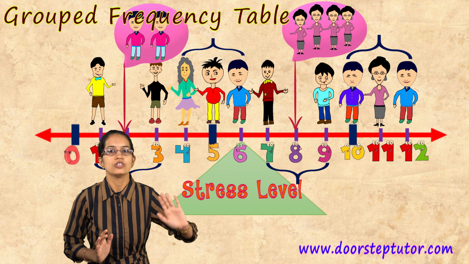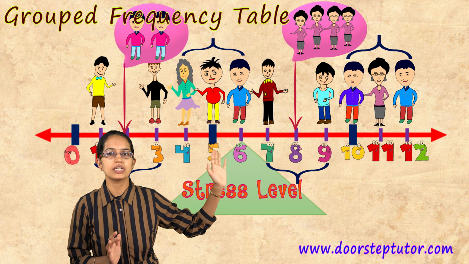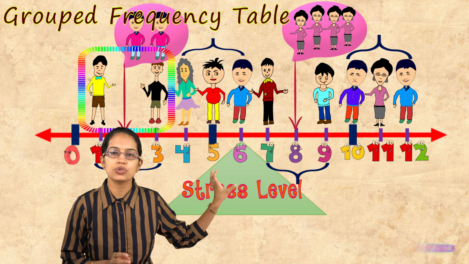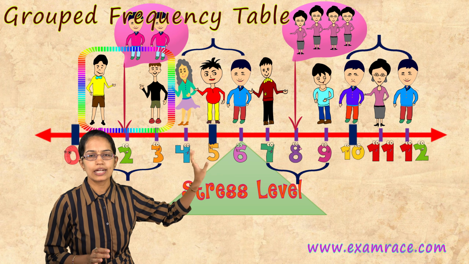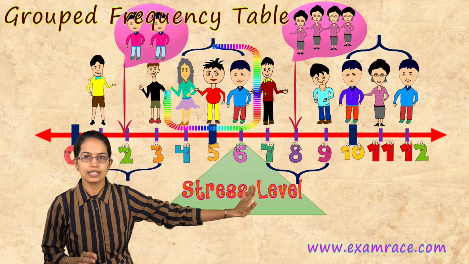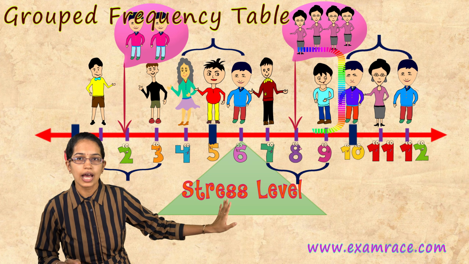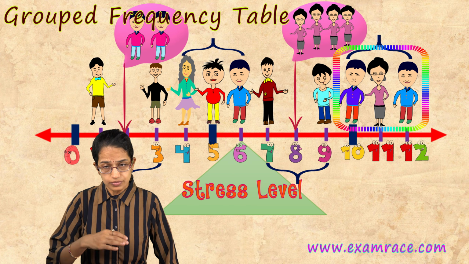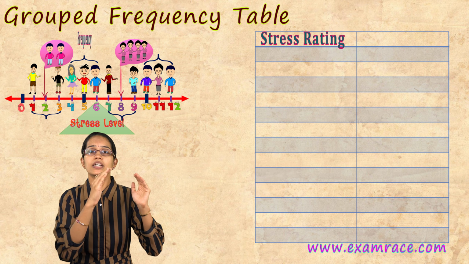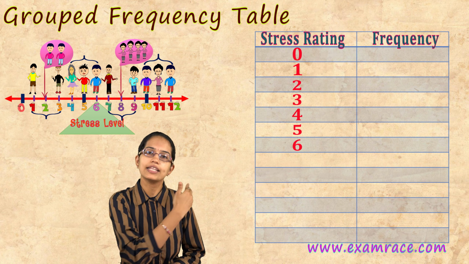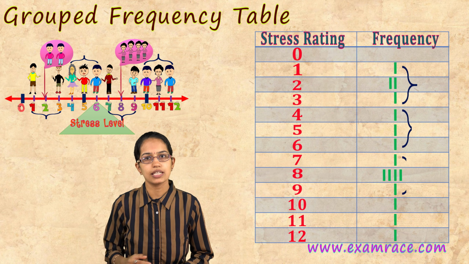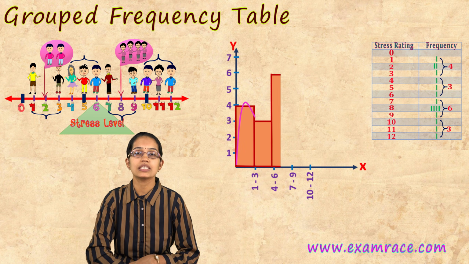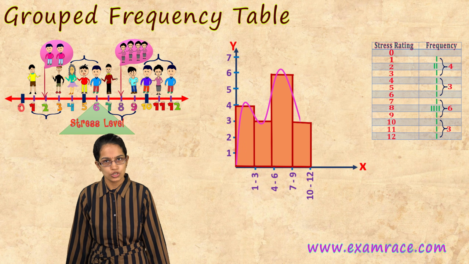So of these 10 students with different stress levels, all those with a stress level of 2 to 3 would be in one category, 4 to 6 in another, 7 to 9 in another, and 10 and above in another. That's how we group the data, and then we have a grouped frequency table, and with the grouped frequency table a grouped frequency polygon could be drawn.